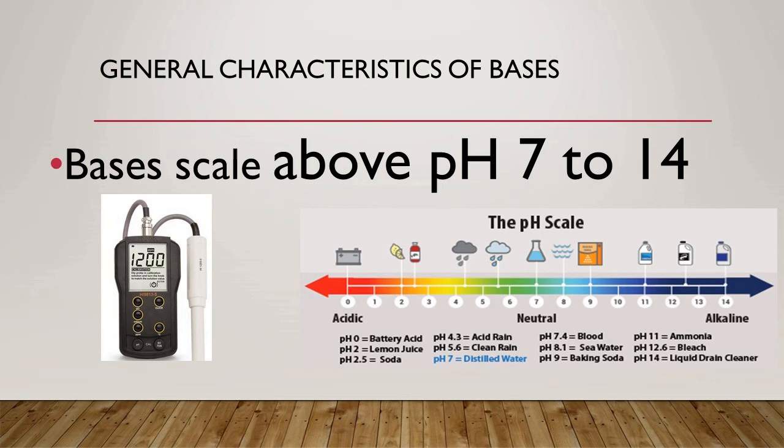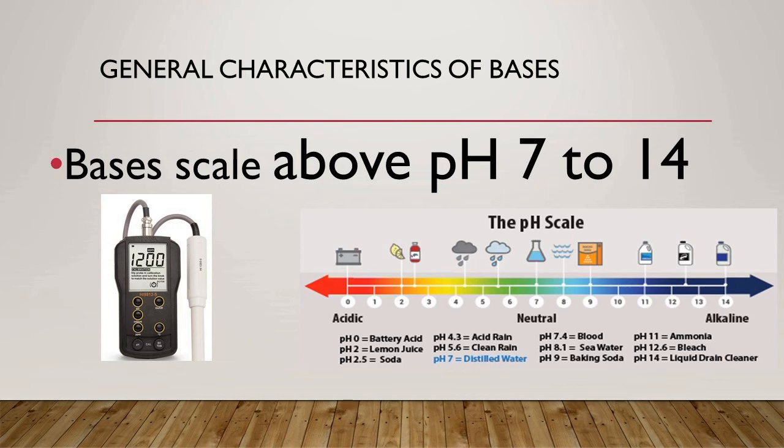And on the other side, below pH 7, it is an acid or it is acidic. Take note that as the pH level approaches the end, the other end of the arrow is 14. If it approaches the other end, it means that the acid or base is getting stronger.